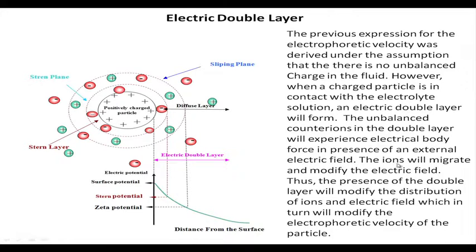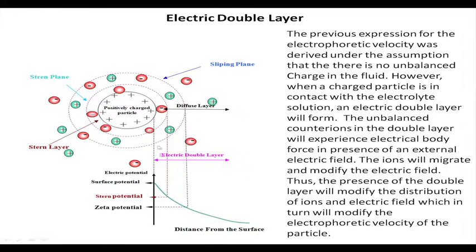That is the Coulomb force we mentioned. The ions will migrate and modify the electric field. Now, the ion distribution will be distorted, and in that way there will be another induced electric field, going in the opposite direction. So, mostly this will be the retardation effect. Thus, the presence of the double layer will modify the distribution of ions and electric field, which in turn will modify the electrophoretic velocity of the particle.